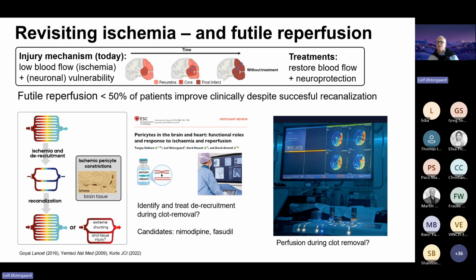So potentially you could make the images you saw before that were made by MRI, and in the future we hope that people who do neurointervention will be able to have those maps available also in the angio room, to tell where the capillaries have opened after they have restored blood flow.